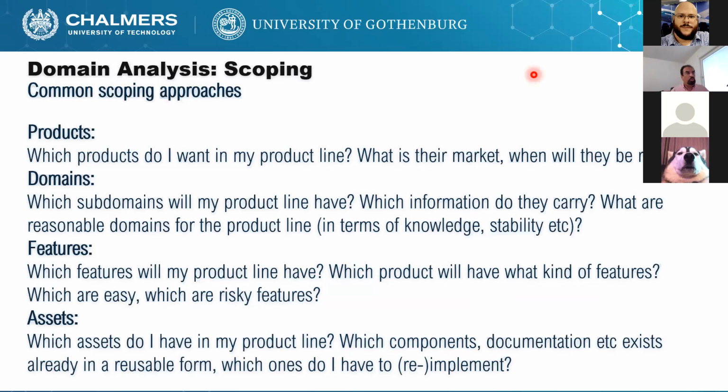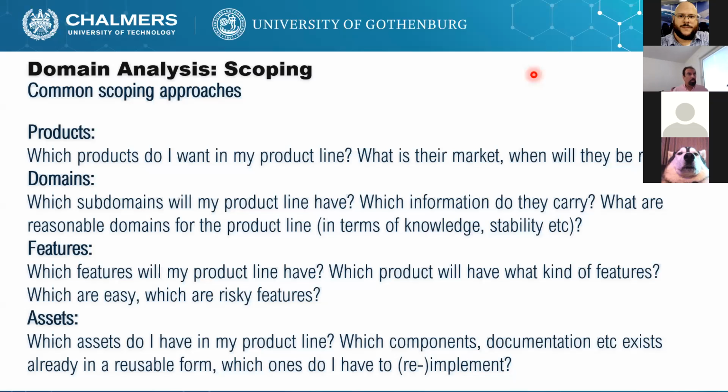So the market and the stakeholders will dictate the selection of your product. Then you come to the domain once the product is clear. And from the domain, you start thinking of subdomains. The product line, as we said, needs to be as small as possible, so we might need to split the domain into subdomains. And the information that is going to be carried with the domain: what are the reasonable domains for this product line in terms of knowledge, stability, etc. Then you go to the features.